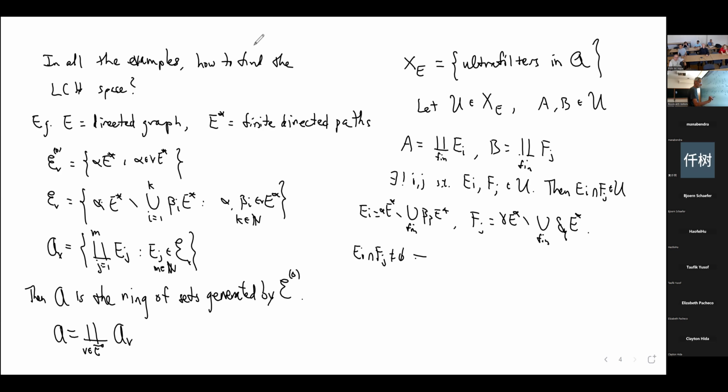And so in particular, it means that alpha and beta meet.